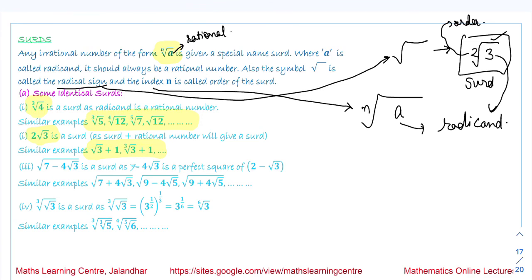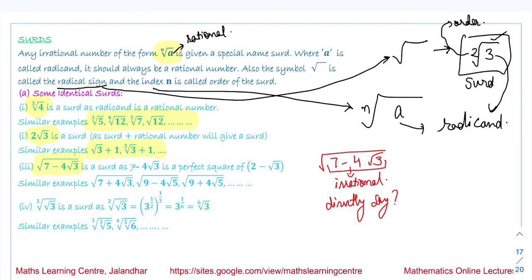And if I am talking about a number, say square root of 7 minus 4 root 3, is this a surd? It seems like it is an irrational number, so we cannot directly say whether it is a surd or not.